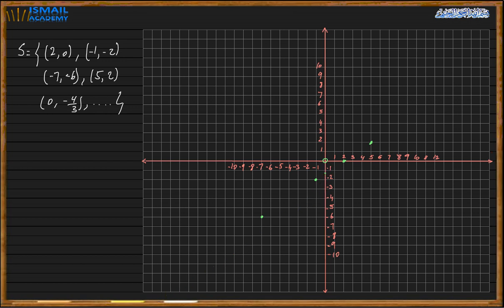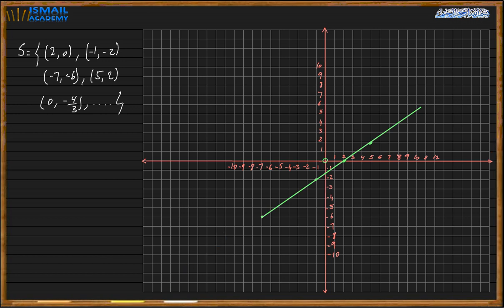Now let me try to connect those points. If I draw a line here, as you see, all the points belong to the same line.